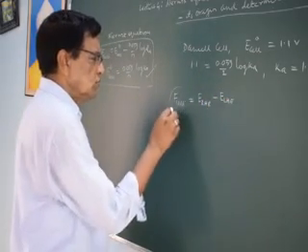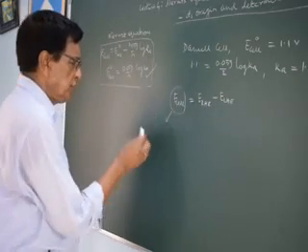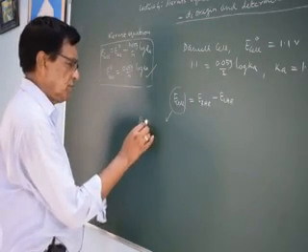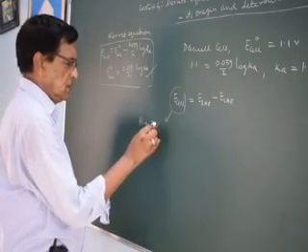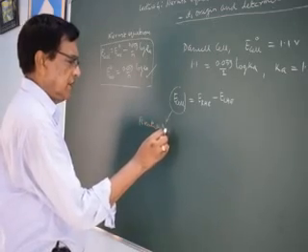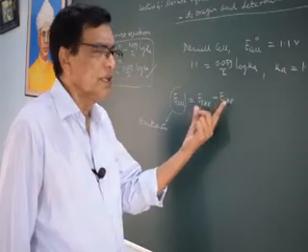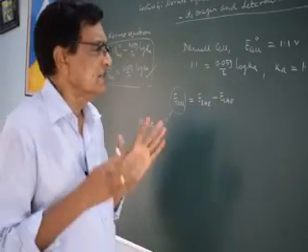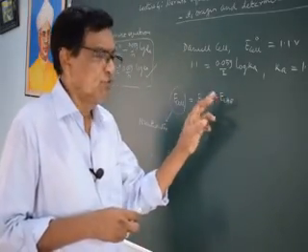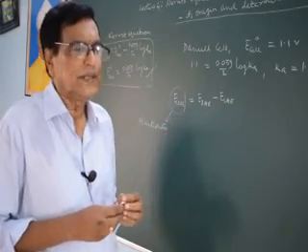So this E cell could be determined by means of a potentiometer. But this is equal to the difference of these two electrode potentials. Unless and until we know the value of one, the other cannot be calculated.